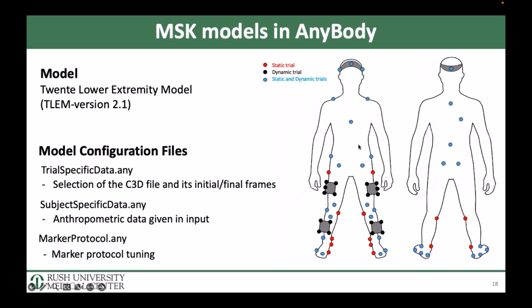Here on the right-hand side, you can see the marker protocol that was used in the current investigation. In red, you can see the markers that were used just for the static trial. In black, the ones that were used just for dynamic trials. And in blue, the ones that were used both for static and dynamic trials. So in general, for all the static trials, just red and blue markers were used, while for dynamic trials, both black and blue markers were used.